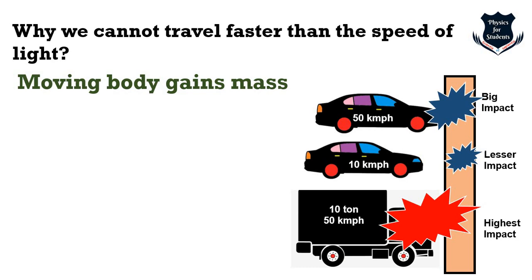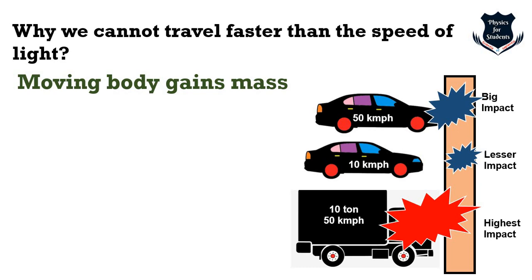So a car moving at 50 kilometers per hour creates a higher impact compared to the same car moving at 10 kilometers per hour. And the same speed, 50 kilometers per hour, in a truck with an enormous mass of 10 tons hitting the same wall creates the highest impact.